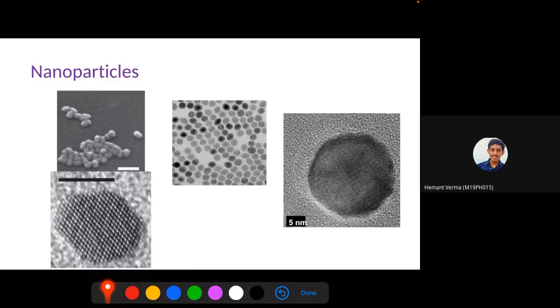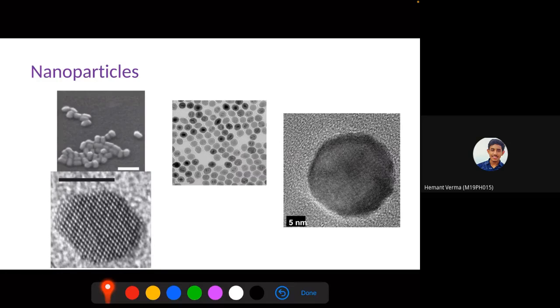What you see here are high resolution TEM images, and they are highly crystalline. So these show that this individual particle is really crystalline in nature, and they are actually in a single domain state.